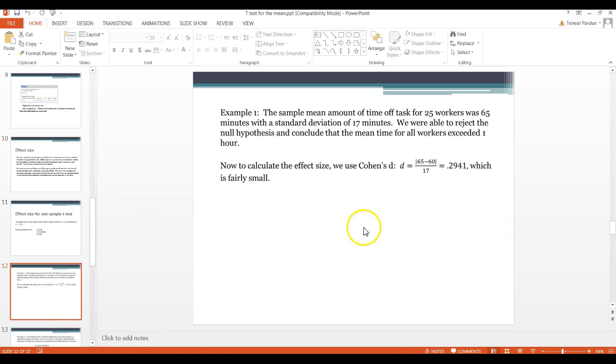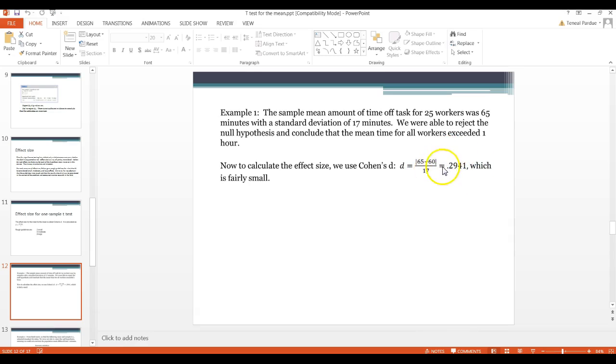So if we look at our first example, or example 1, from earlier in this video, we said that the sample mean was 65 minutes with a standard deviation of 17 minutes, and we were comparing that to 1 hour. So to plug that in, x bar is 65 minus our hypothesized value, which was 60. So we did 65 minus 60, make sure it's positive, and then divide by the standard deviation of 17 minutes.